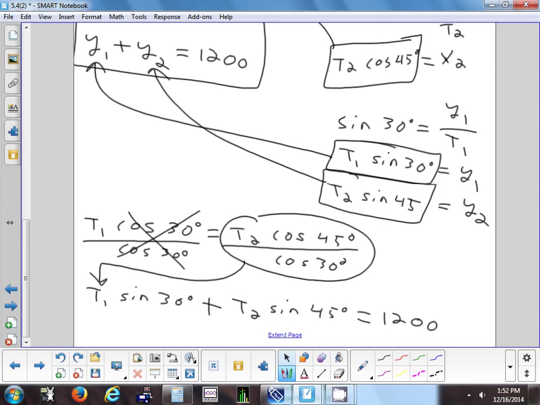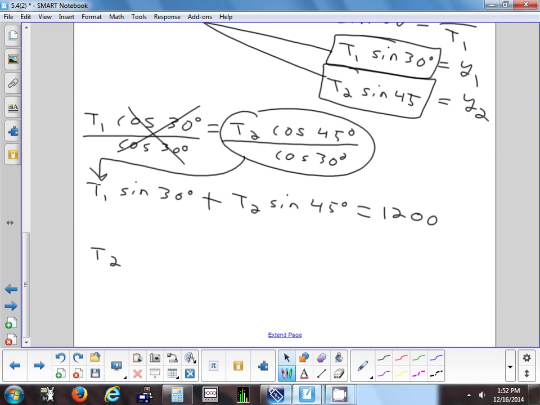So what happens? T1 is equal to T2 cosine 45 over cosine 30. You solved for T1, plug T1 into the other equation. So you get T2 cosine 45 over cosine 30. And now just write out the rest of it.